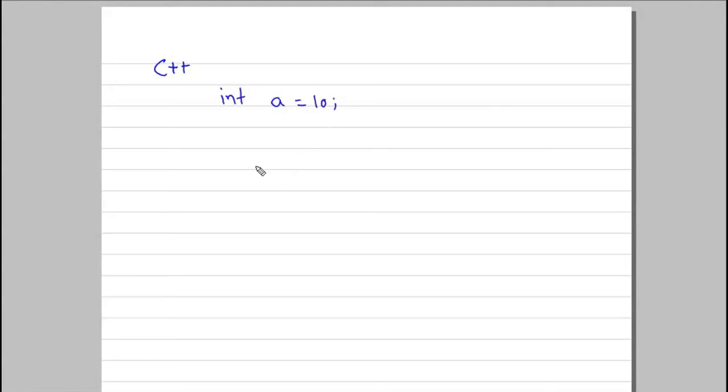As I mentioned in my previous lecture, if we don't write anything here, then the data will be stored as a signed integer, or even if you write signed here, it will be considered the same. So this signed keyword is optional.